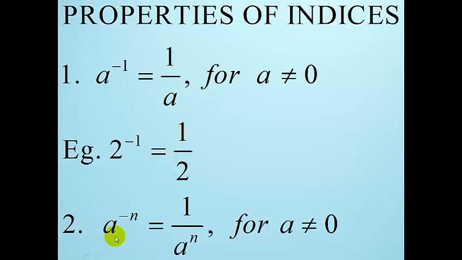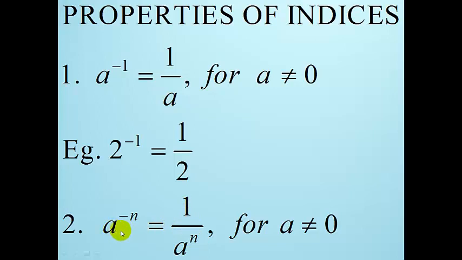Property number 2: a raised to the power minus n. Now the exponent is minus of a number, so you have a raised to the power minus n, where n is a number other than 1. A raised to the power minus n is equal to 1 over a raised to the power n. You can see that the negative exponent has now changed to a positive exponent because of the reciprocal of the number.